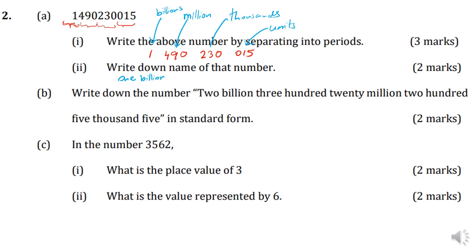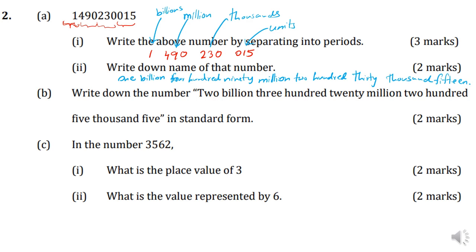There's only 1 billion. And 490 million. There are 490 millions. 230,000. So how many units? 15. So this is how you can write these numbers in words.